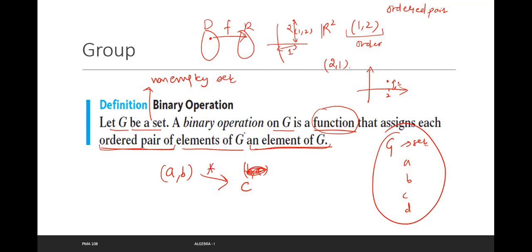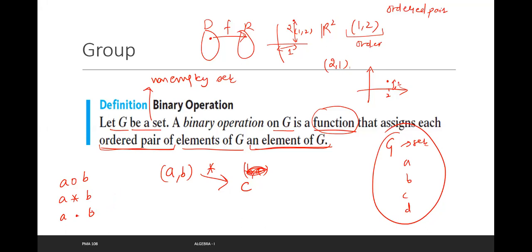Now this operation is denoted in books by a circle, a o b. Sometimes we denote it like a star b, where star is the operation acting between a and b, and it can be a dot b. In many books by default the binary operation is denoted with a dot. Although the operation is not always multiplication, some books always consider dot as the default, but that dot does not always mean multiplication.